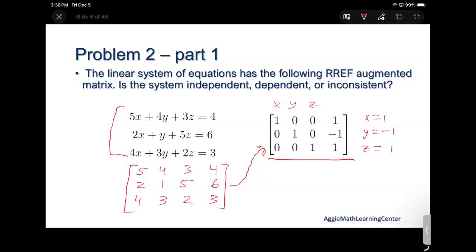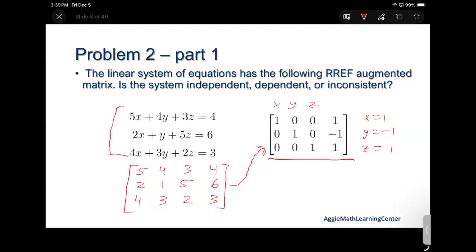So this one would be independent because every single variable only has one answer, and it's not dependent on any other. No matter what numbers the other variables are, those aren't going to change. Like if the z value got changed to 3, it wouldn't affect what y or x is.